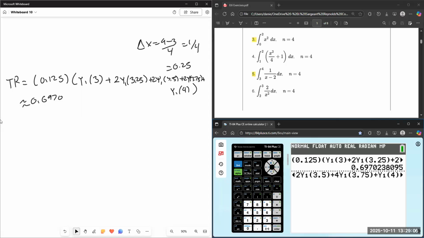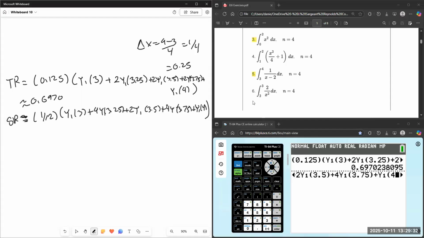And we have Simpson's rule is equal to 1/12 of y1 of 3 plus 4 y1 of 3.25 plus 2 y1 of 3.5 plus 4 y1 of 3.75 plus y1 of 4. And that's approximately 0.6933. And then we find our exact value.